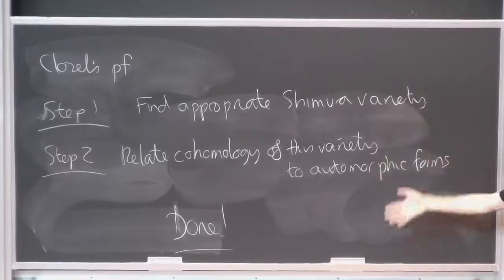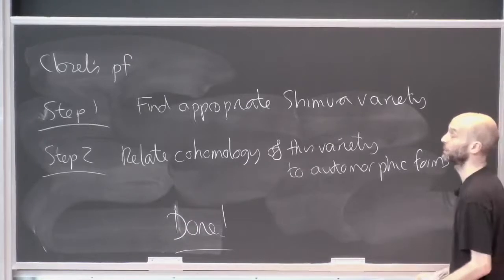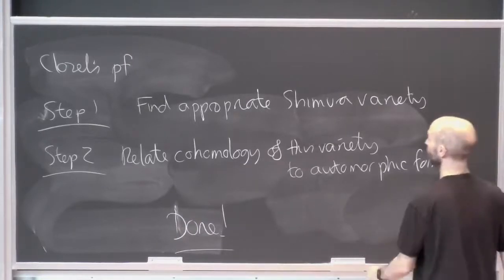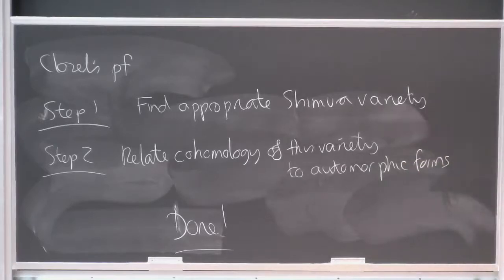So there are standard machines which do a lot of this stuff. And what the standard machines do is they translate the question down into something very specific. Basically, what happens is we have these algebraic varieties parameterizing abelian varieties with some extra structure or whatever.